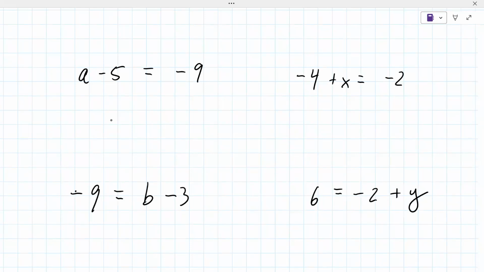The top left one is the same one as the one we did. That's okay. So the same answer is 4. Just work it out however you think. Sometimes I do repeat questions and it's intentional.